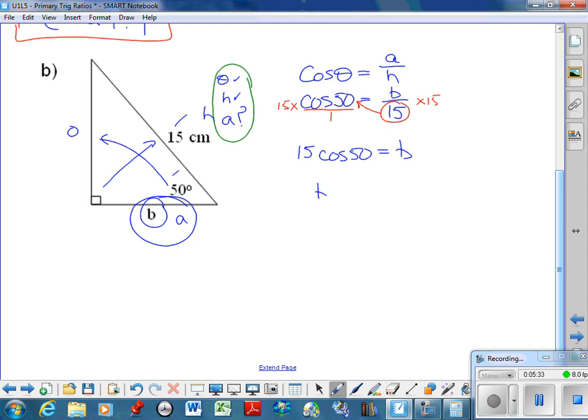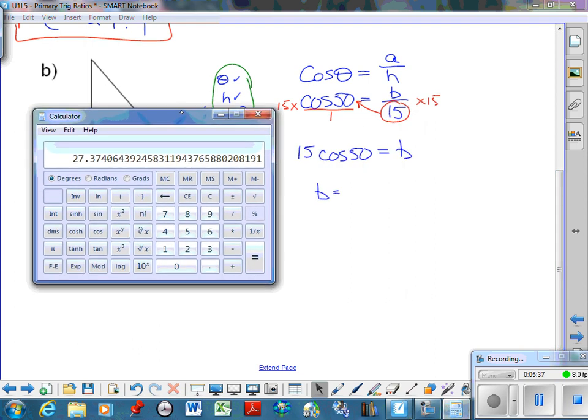But at some point, you do need to know how to use the calculator. So with your calculator, you can simply punch in 15 multiplied by, I have to put my angle in first. Some people have to go cos 50. I have to go 50 cos. And then you need to make sure, whoops, I put in way too much information. I put 550 in there.